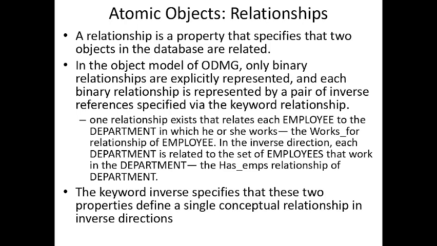One relationship exists that relates each employee to the department in which he or she works. That is the works for relationship of employee. In the inverse direction, each department is related to the set of employees that work in the department. That is the has employees relationship of department. That is the inverse relationship.